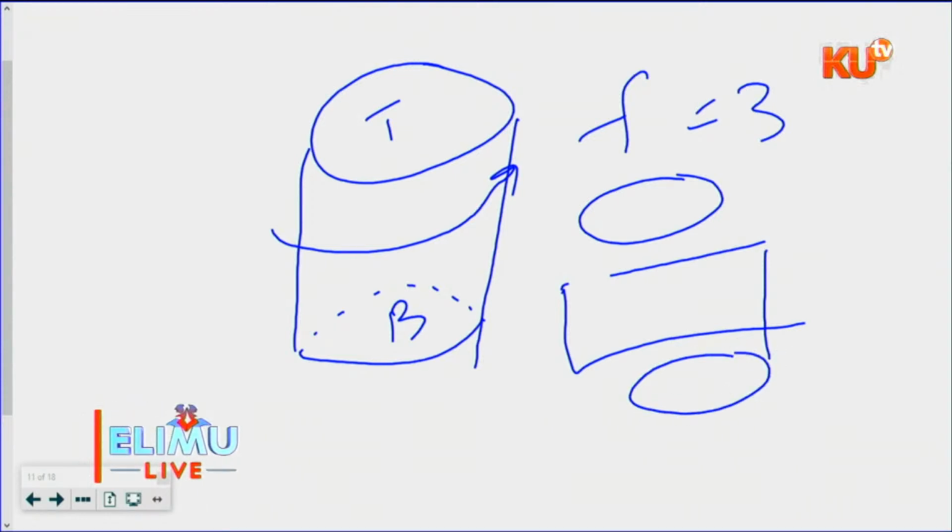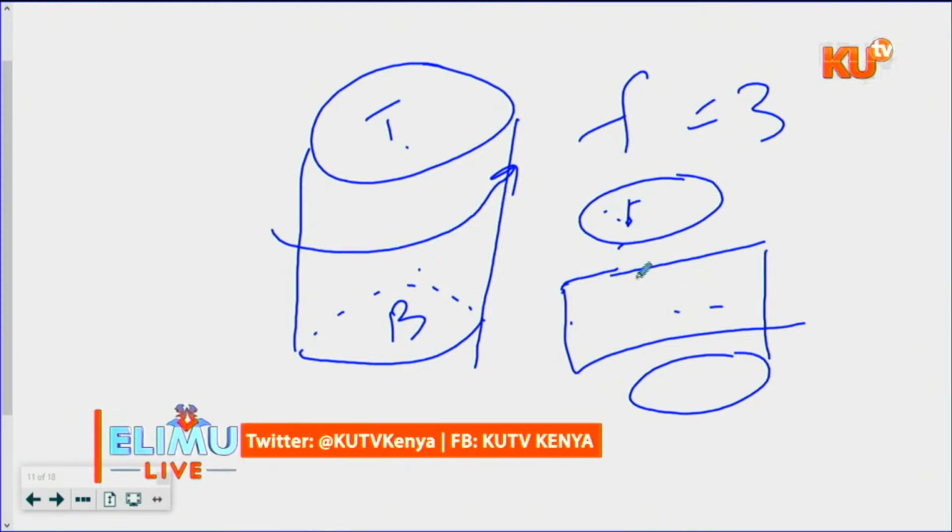This rectangular shape will make our curved part, this one will make our top, and this one our bottom. So top, curved, bottom. The faces are 3.